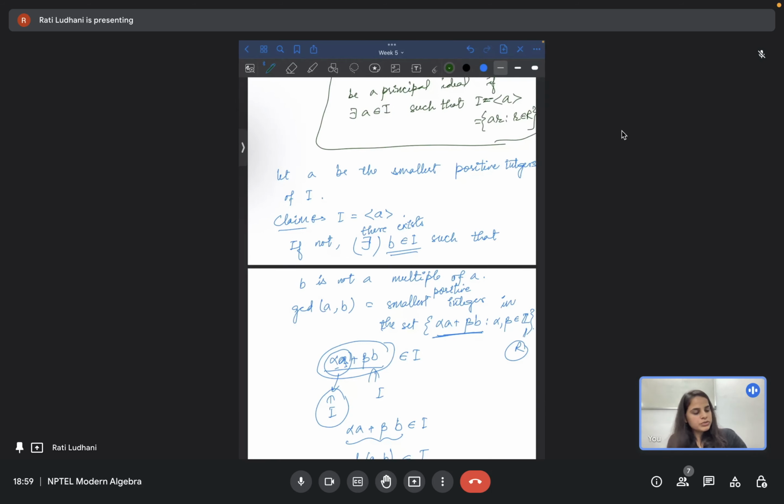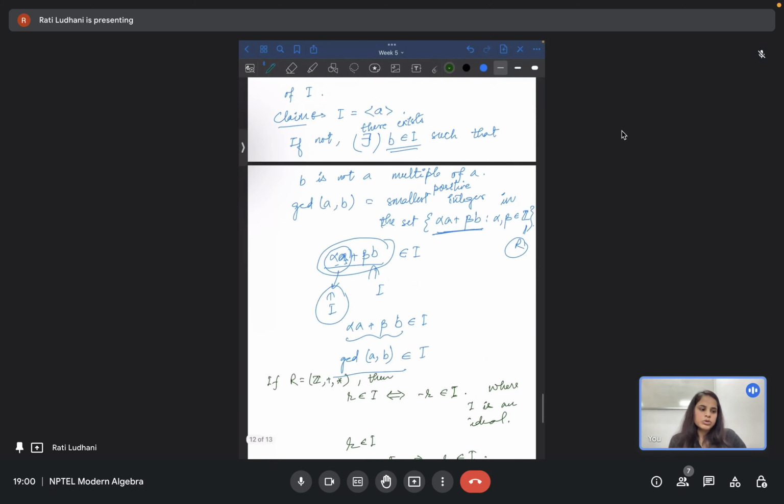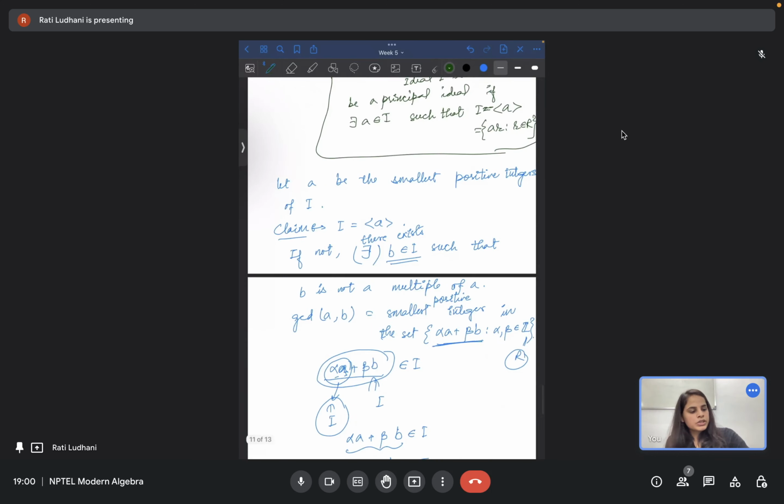So what I want to correct here, just to make it clear: because of this property, as I know B belongs to I, so minus B belongs to I, so I am choosing B to be a positive integer.